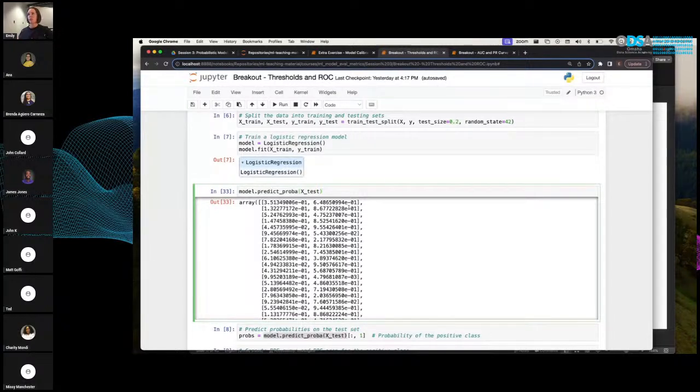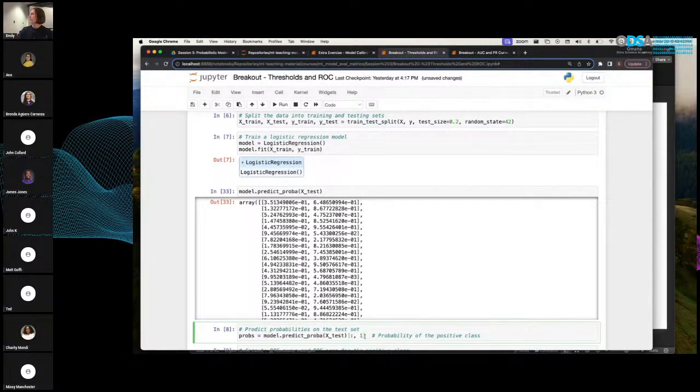So if you have the predicted probability of the positive class, which is what most people grab, we're slicing this. We're saying, give me all rows and just the second column. Remember, Python is 0-based indexing. So you could put 0 here or you could put 1 here because we have 2 columns. We have the 0th column and we have the first column, first meaning actually the second index.